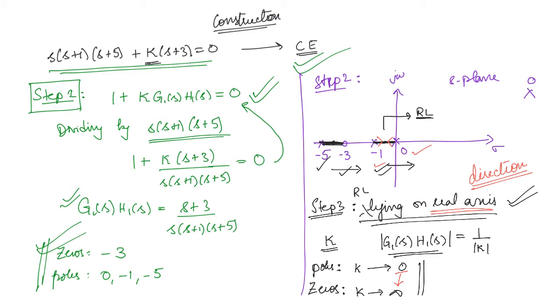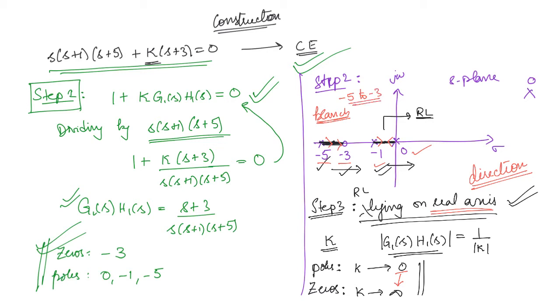But between -5 and -3, you have one pole and 1 zero. The root locus is starting from the pole and is ending at -3. So there is one complete branch, with a start point and an end point, from s equal to -5 to -3.